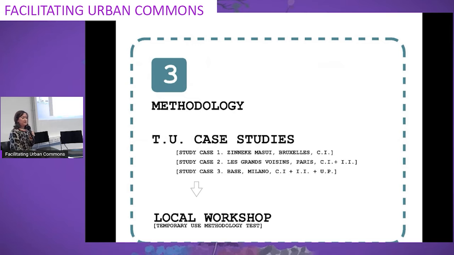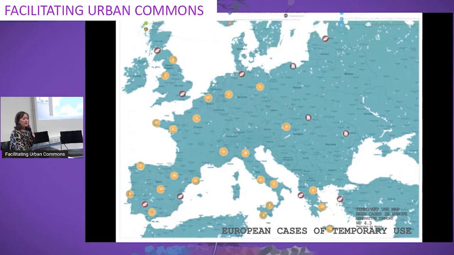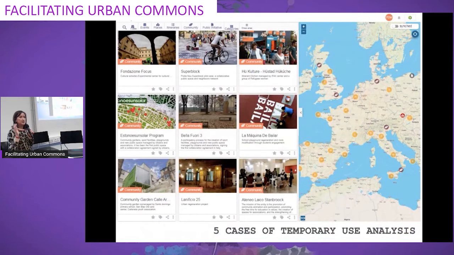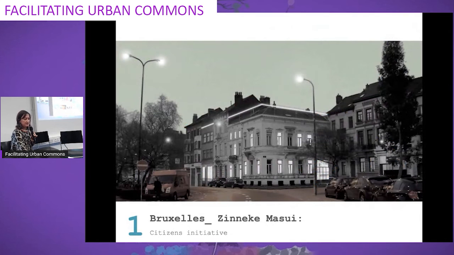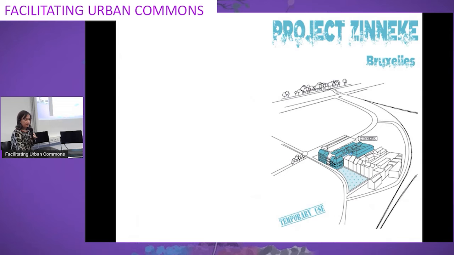And finally, through the Generative Commons program, we identified 250 best practices in Europe, and we chose 3 of them because they were more significant to us. Some of them were citizens' initiatives, others were different, and depending on the kind of initiative, it was interesting and important, and we had a different learning. Analyzing, for example, in Brussels, we have the Zinneke Masui project.